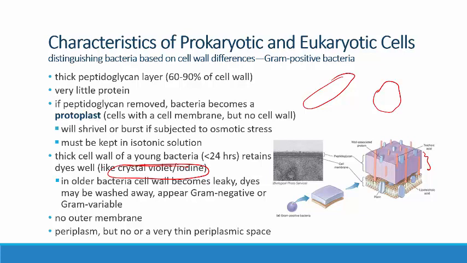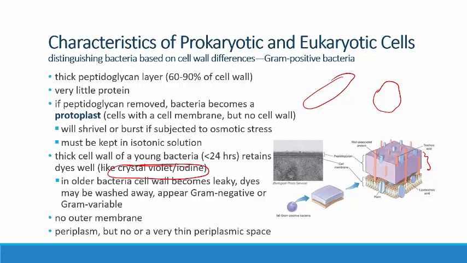In older bacteria, though, older than 24 hours, that cell wall is not near as consistent in how it behaves with dyes like crystal violet. And so it's possible that even though it's a gram-positive bacteria, that when treated to a gram stain procedure, when you rinse away that first stain, the crystal violet stain, and then when you rinse that away from any of the gram-negative bacteria, it may also be rinsed away from older gram-positive bacteria.